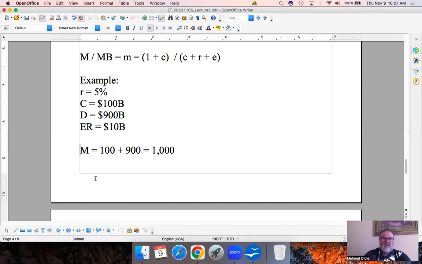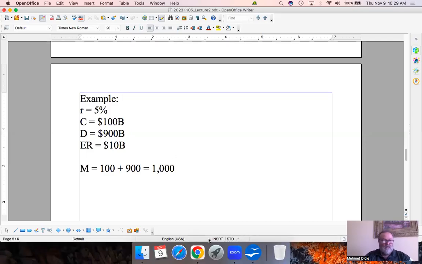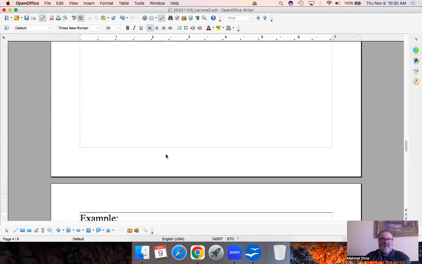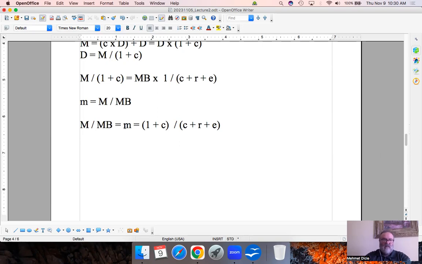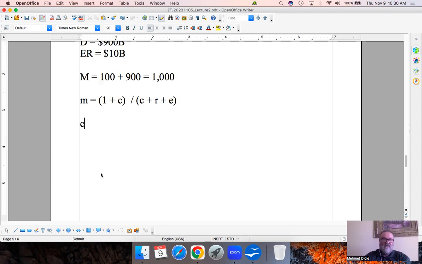And then let's have our formula right here, so we can see what we need. We need the C, the R, and the E. We have the R, that's 5%. We need the C, and then we need the E. So what was the C?